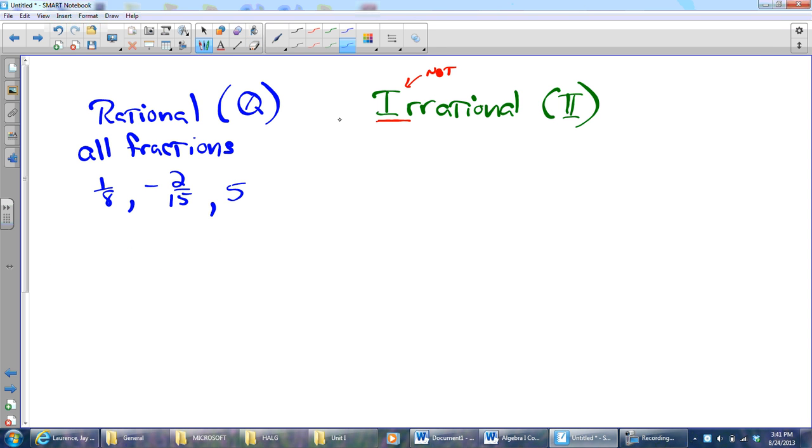Now, they also include decimals, and the decimals have to fit in one of two types of categories. Decimals that either A, end. For example, 5.0. That's a decimal that ends, right? 2 and 1400ths.